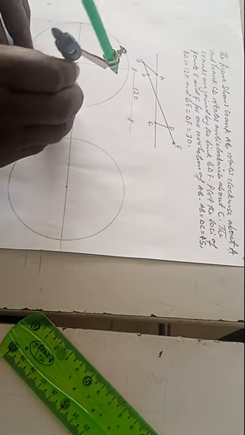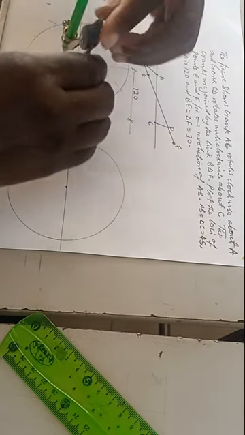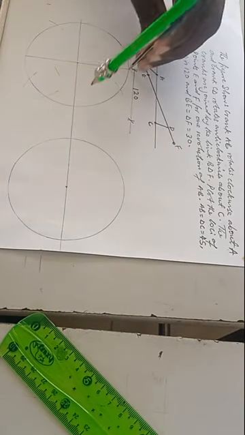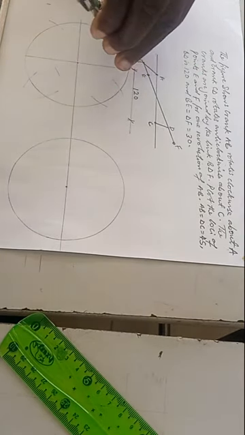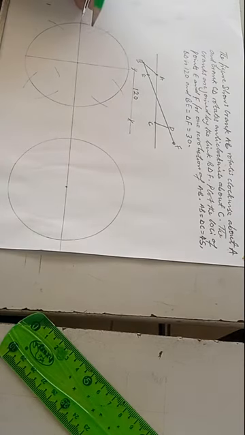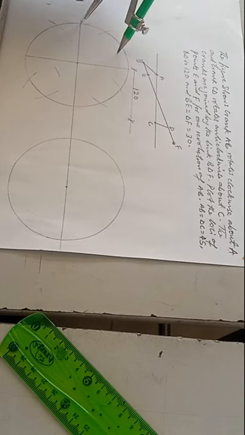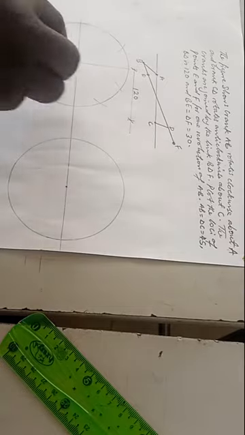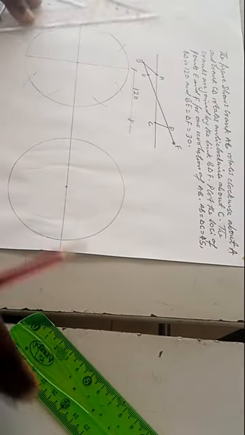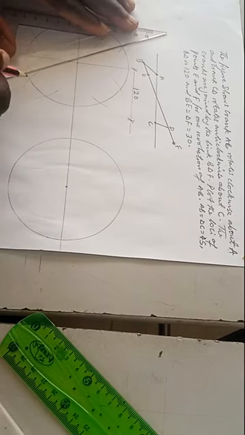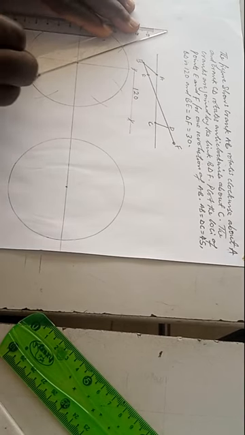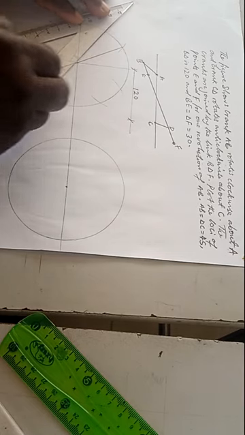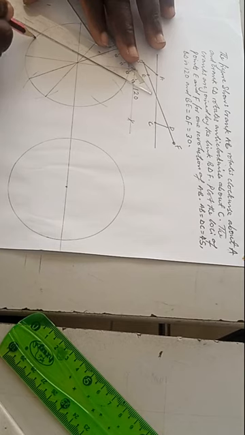You go to this place, it will be up and down like this. You go to this place, right and left, and this one will be up and down. So that's the division into 12 equal parts. Just join them, passing through the center.